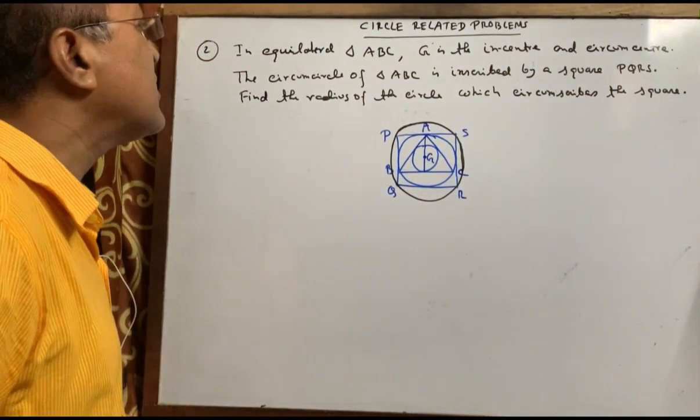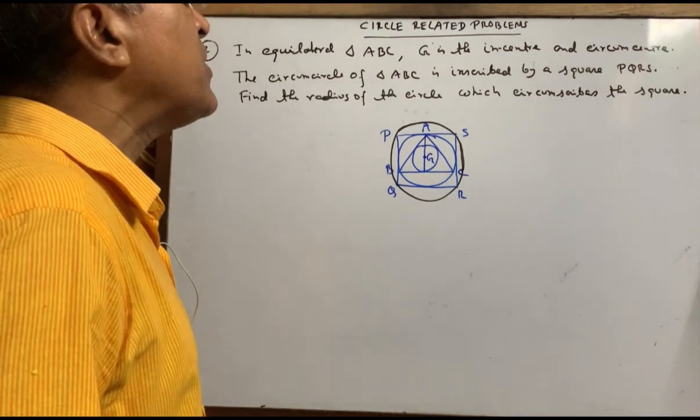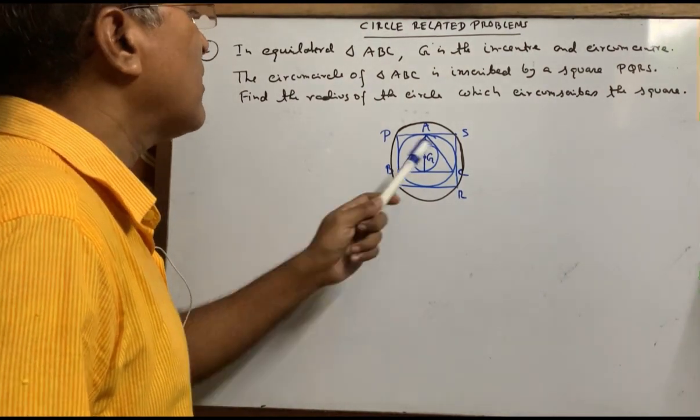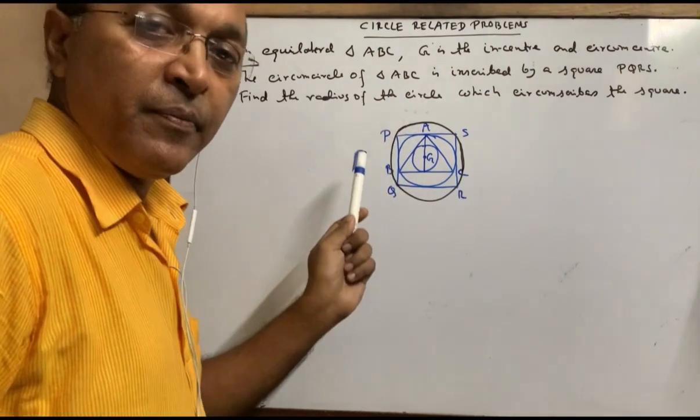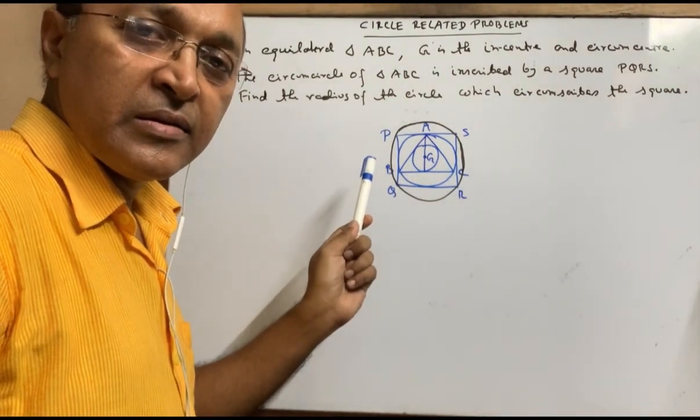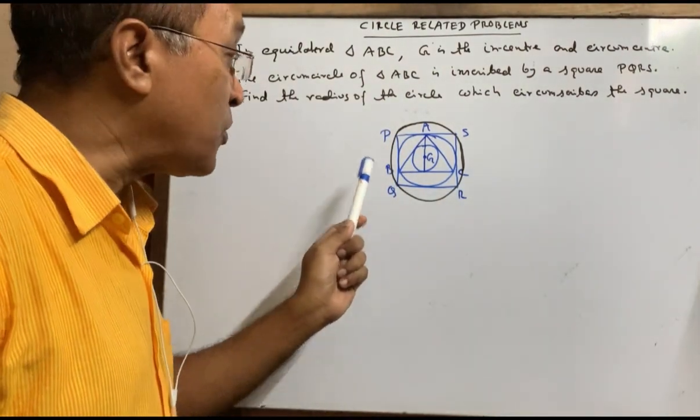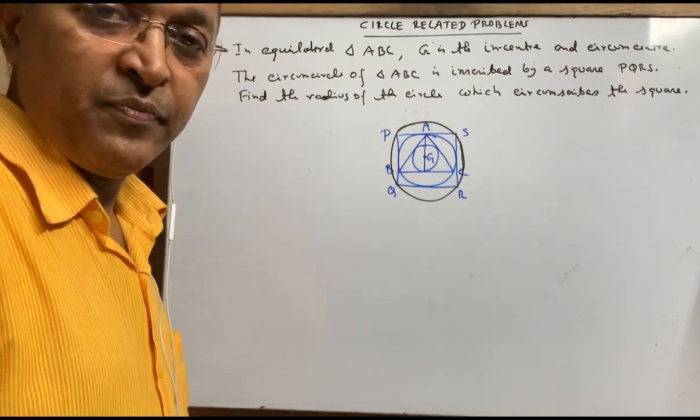Now we have to find the radius of the circle which circumscribes the square. Another circle that circumscribes the square PQRS, that we have to find out.